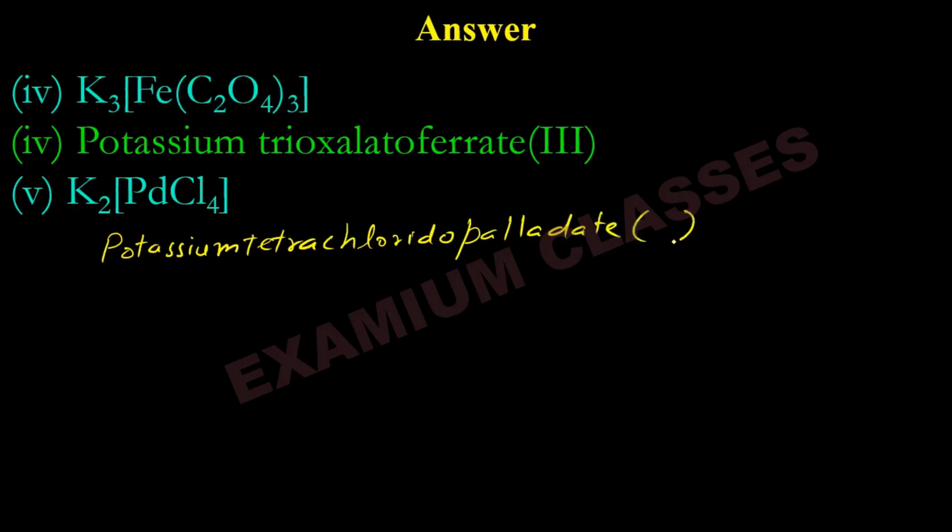And then the oxidation state. Here you have +2 charge outside, which means the coordination entity will have -2 charge. So it will be X - 4 equals -2. So X will be +2. So it will be potassium tetrachloridopalladate(II).